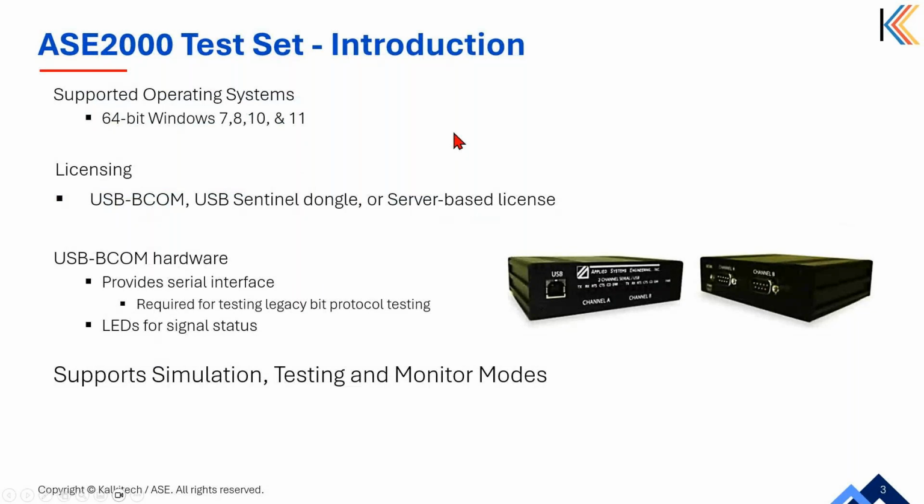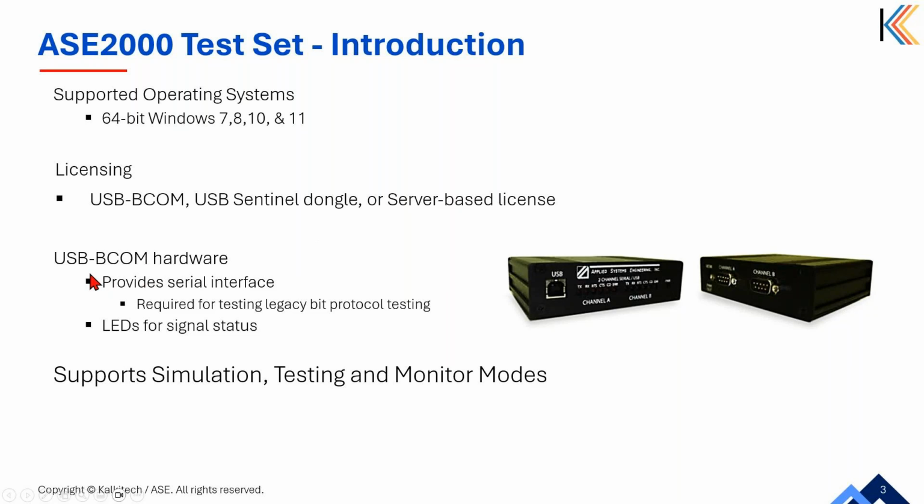For those who don't know the ASE2000 Test Set, this tool is supported on several operating systems, mainly 64-bit operating systems, Windows 7 onwards. We support USB-based BCOM licensing, USB-based Sentinel dongle licensing, and server-based licensing. So these are the three licensing options available.